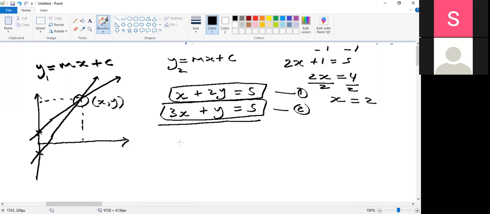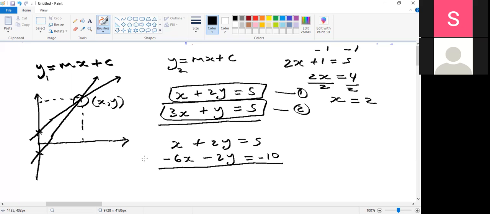So check this out. I'm going to rewrite the first equation. And then I'm going to rewrite the second equation, this time with it being multiplied by negative 2. All right, so when I multiply by negative 2, I get negative 6x, I get negative 2y, and I get negative 10. Then I add them.